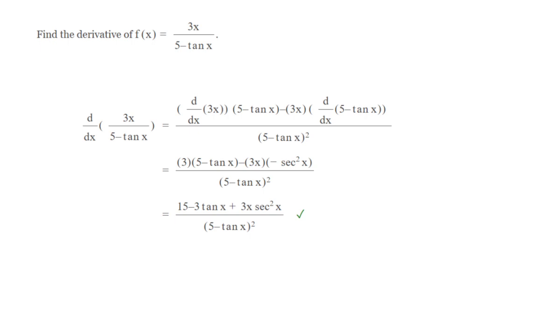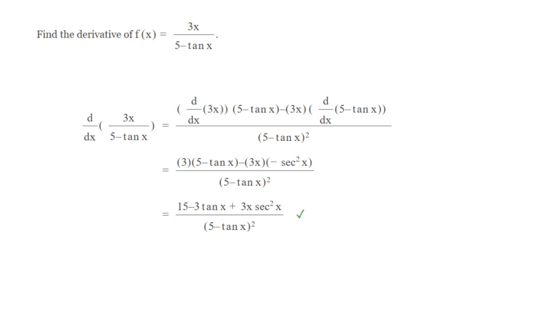Find the derivative of f of x is equal to 3x whole divided by 5 minus tan x. So d by dx of 3x divided by 5 minus tan x. So here also the function is the quotient of two separate functions 3x and 5 minus tan x. So we must use the quotient rule.